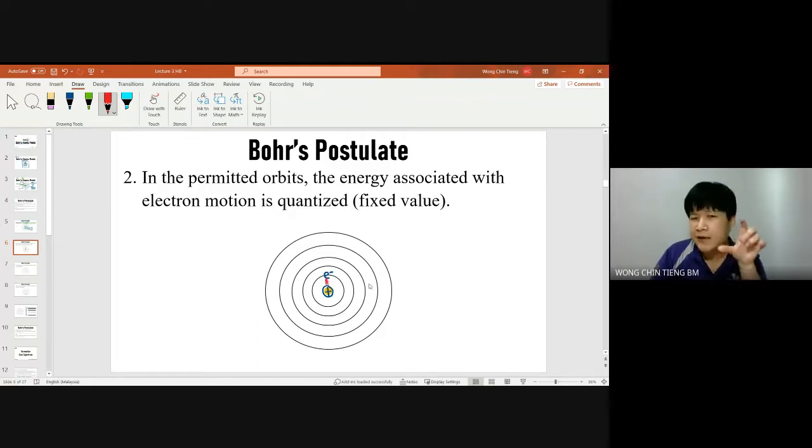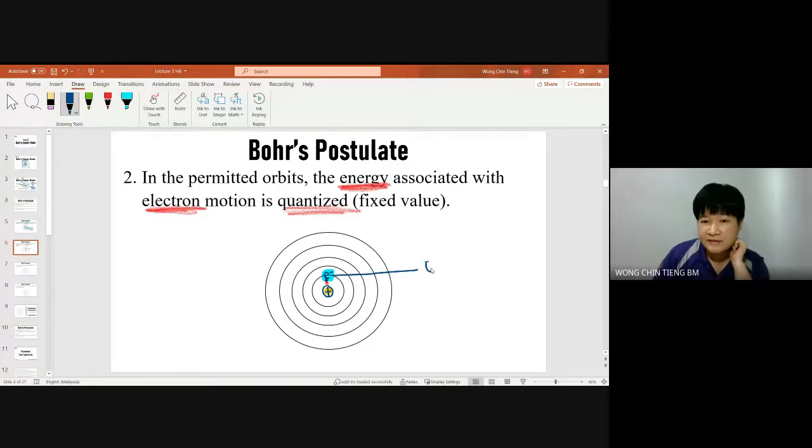And kenapa daya tarikan dia sama? Easy. Because the energy for the electron in that energy level is quantized. Kalau elektron saya sekarang duduk pada n sama dengan 1, elektron ini akan ada tenaga yang fix. The energy of this electron is fixed.